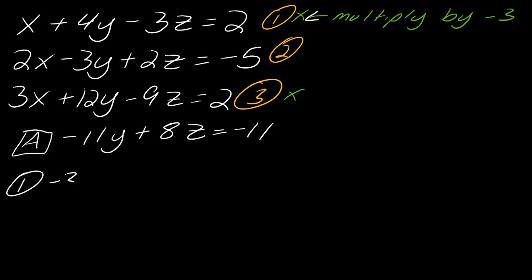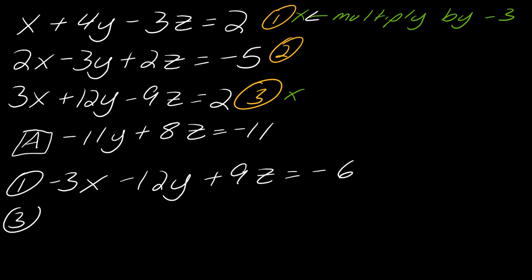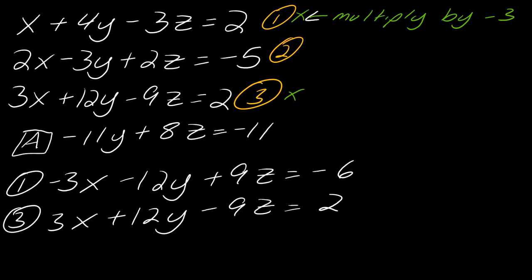Equation 1 will now turn into negative 3x minus 12y plus 9z equals negative 6, and then equation 3 is 3x plus 12y minus 9z equals 2.